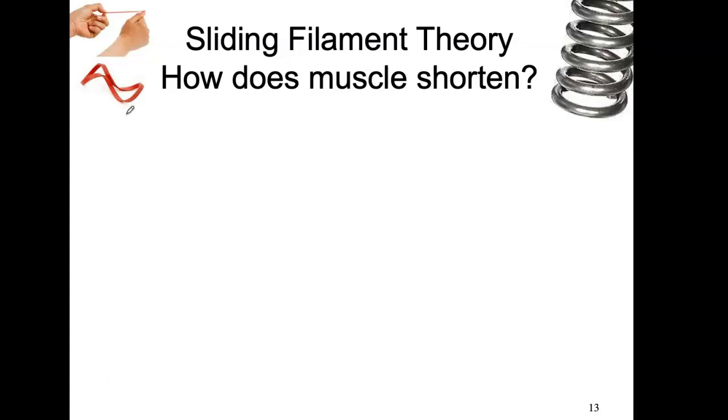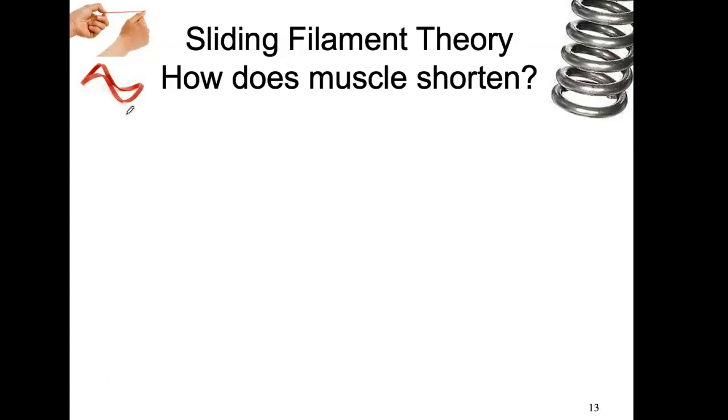Something about those cells made them stretch and then retract. This was somewhat of a mystery of how a muscle can go from being longer to being shorter and then being longer again. Because a skin cell can't do that, right? A liver cell can't do that. It's these particular skeletal muscle cells that are able to do this.